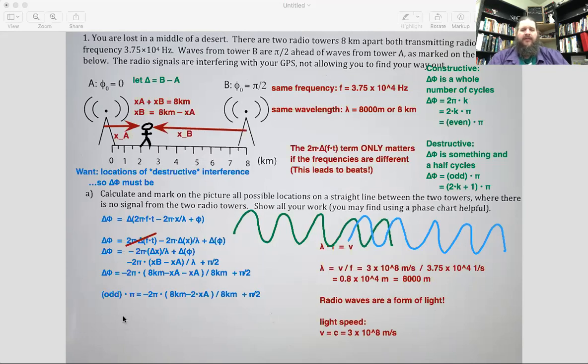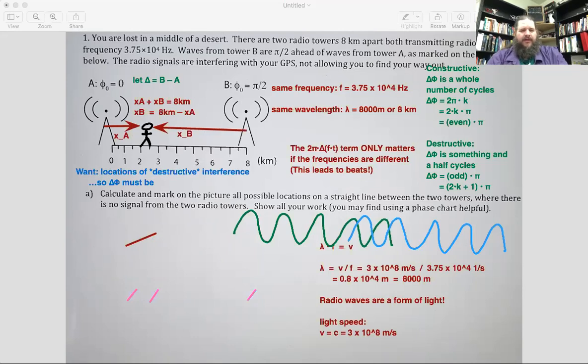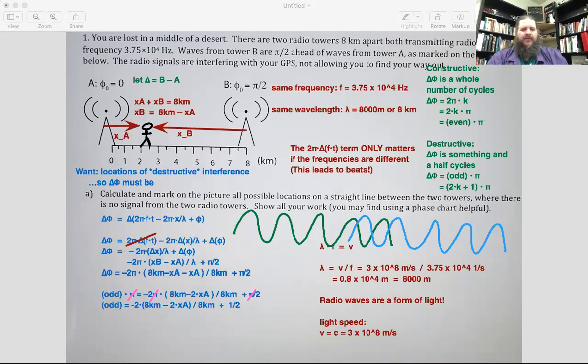We could leave that there, but to make the calculations and the write-out easier, let's divide both sides by pi, since pi shows up in every term. If we divide both sides by pi, this pi cancels out, this pi cancels out, and this pi cancels out. So we end up with an odd number equals -2 times 8 kilometers minus 2 times XA, divided by 8 kilometers, plus pi over 2 becomes 1 over 2 when we divide by pi.